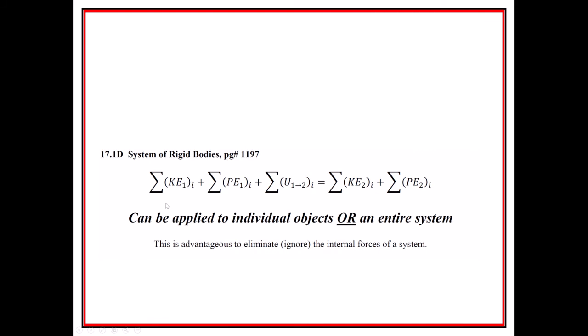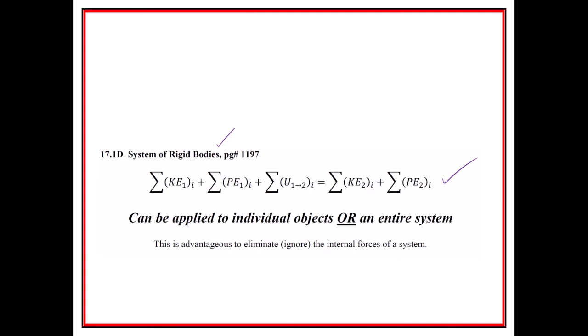And we apply the big picture here. We are able to sometimes, in some parts and some pieces, use a strategy because we have the choice of applying energy methods either to individual objects or to entire systems. That's a really good attribute of this energy method.